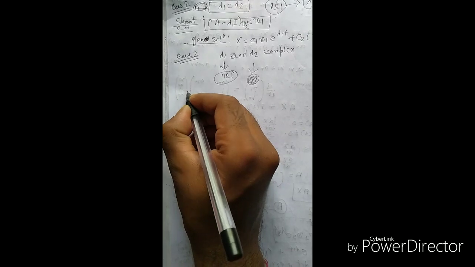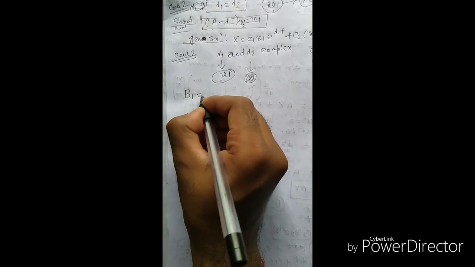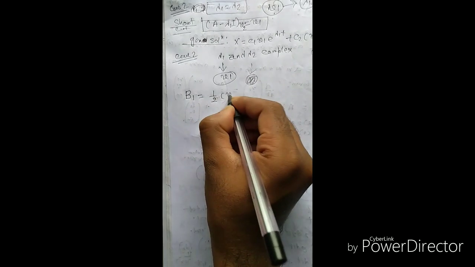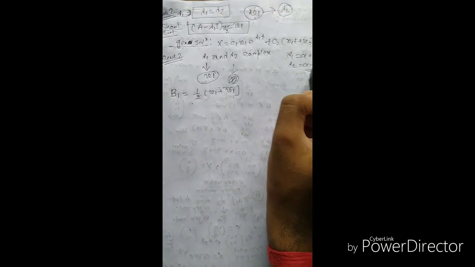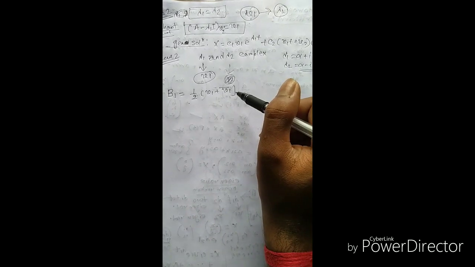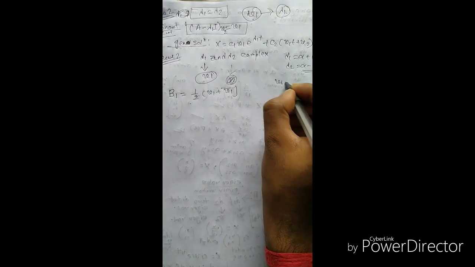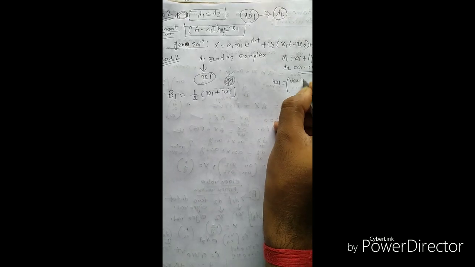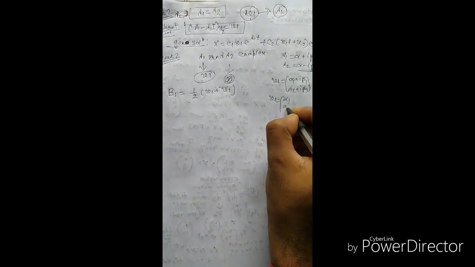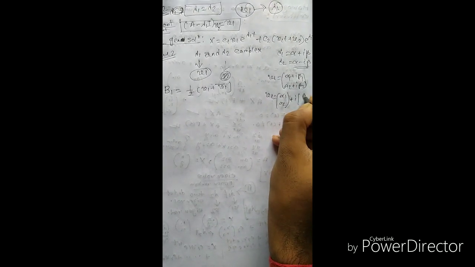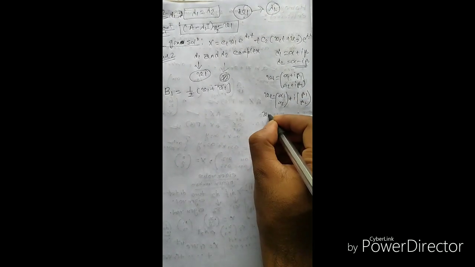We write first: v1 bar means, if v1 equals alpha 1 plus i beta 1 and alpha 2 plus i beta 2, then v1 can be written as alpha 1 alpha 2 plus i beta 1 beta 2, and v1 bar means here this is a negative sign.